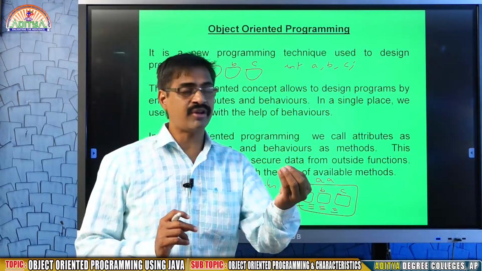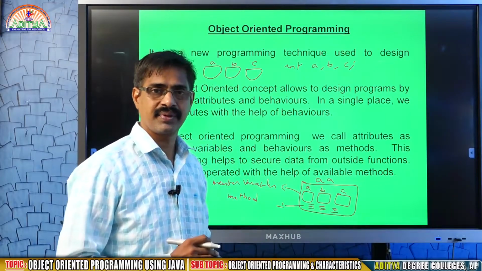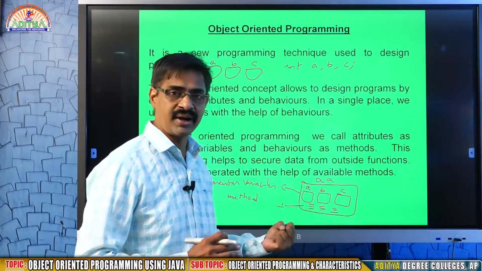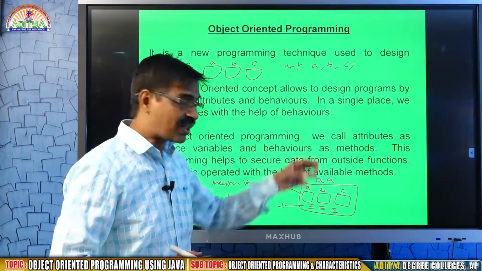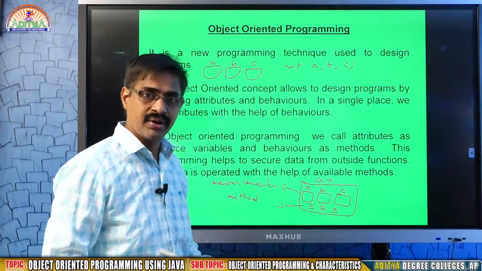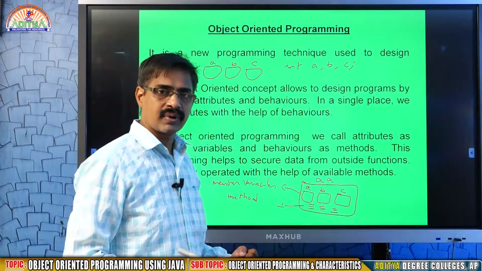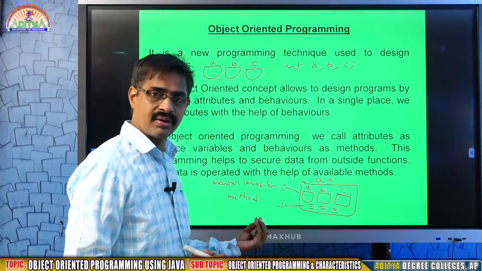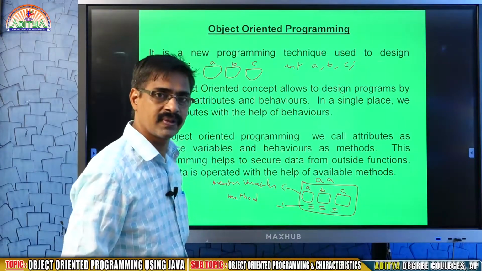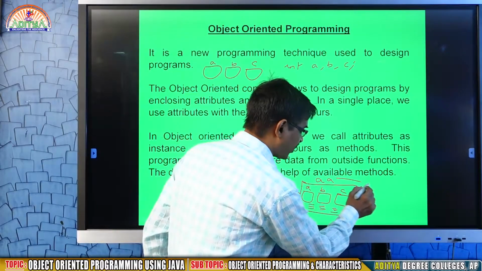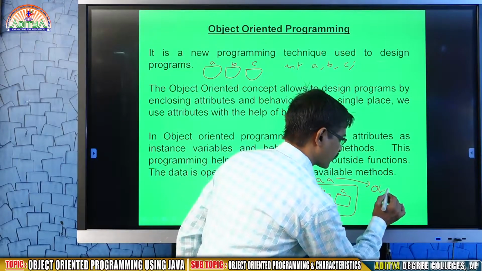And inside the program you define variables, and we write methods. At the time of running, variables will be created, and the functions we created operate on the variables in C language. But in object-oriented programming, instead of creating variables in one location and methods in another location, we combine the instance variables and methods under a name. Here I gave the name AA, or you may write anything. This AA is called an object.